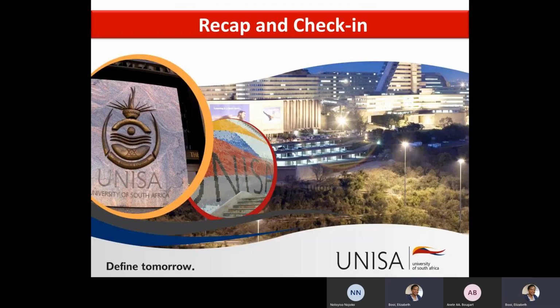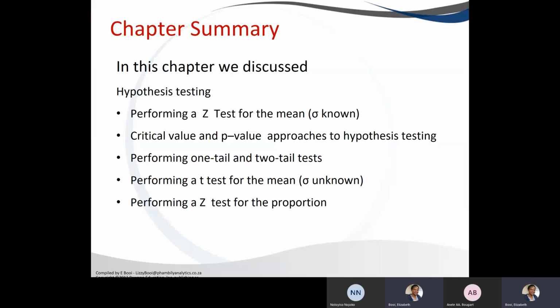Just to recap on what we did today, we looked at hypothesis testing and also the chi-square. When we're doing the hypothesis testing, we looked at how to do the hypothesis testing for the mean when the population standard deviation is known, and that we can use our critical value or p-value to make the decision.